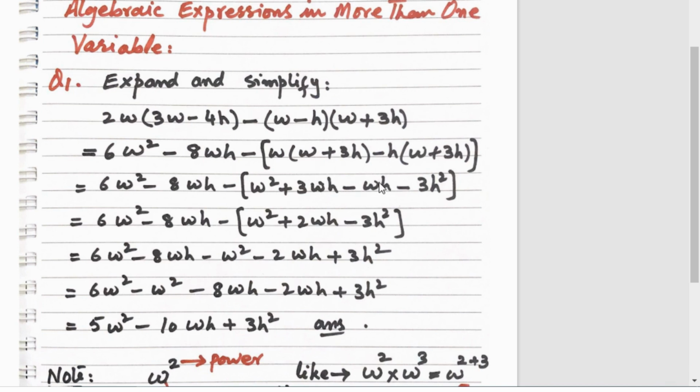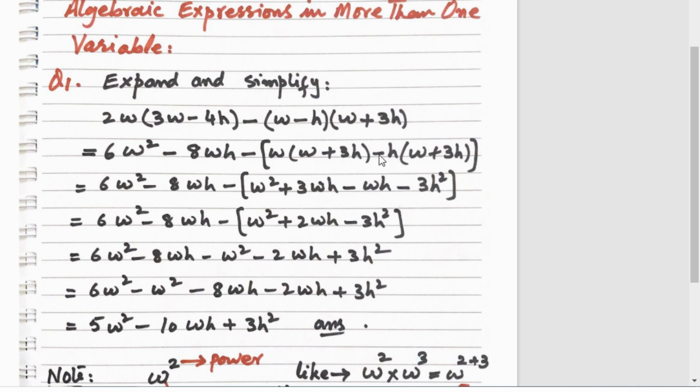In multiplication, if we exchange the places of the variables, it makes no difference. wh is always equal to hw. But to make it very clear, I wrote wh here, not hw, so that it will be easy for you to pick up the like terms.